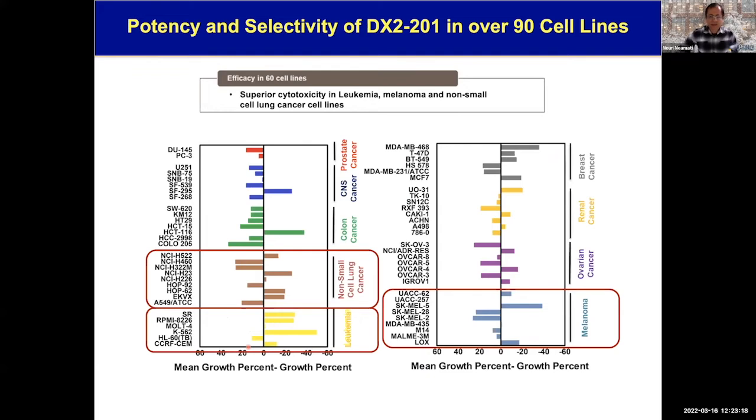cell lines. Here showing you NCI60 result, and some lung cancer cells, they respond. Leukemia cells, many of them, they respond. Like one colon cancer responds. The CNS cancer, they do not respond a whole lot. Pancreatic cancer, prostate cancer, they do not respond. As you can see, there are select cell lines that respond remarkably well to this drug.